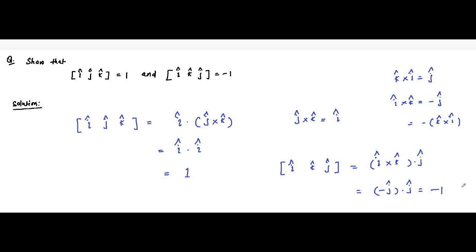Okay, so we have shown that the scalar triple product of the three unit vectors i cap, j cap, k cap is equal to 1, and of i cap, k cap, j cap is equal to minus 1. And here another rule is applicable. One of the properties that we have studied: when the cyclic order of the vectors is changed, the magnitude stays the same but the sign becomes negative.